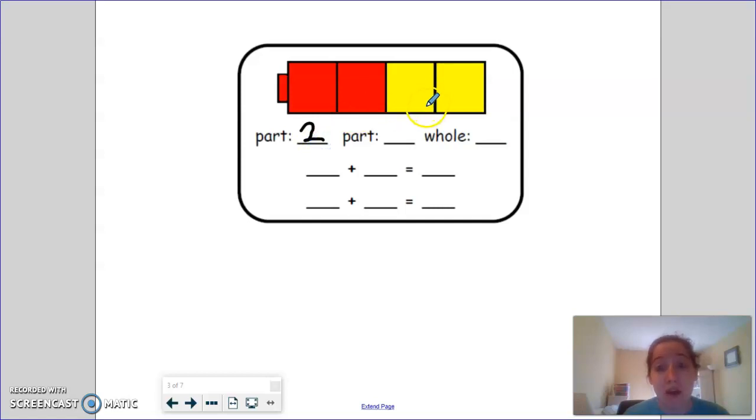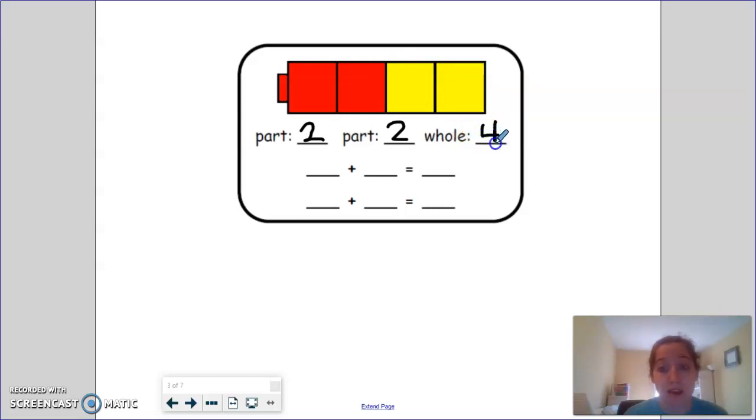How many yellow cubes do we have? 1, 2. So I would write down for the second part that there are 2 cubes in the second part. Now it wants the whole group. So how many are there all together? There's 1, 2, 3, 4.